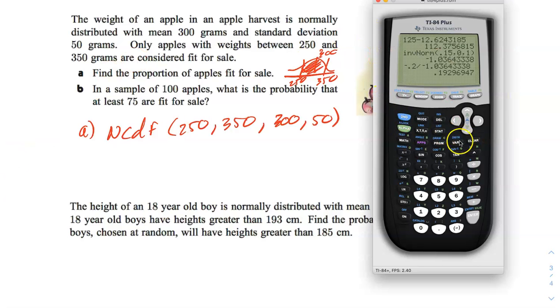So second distribution, normal CDF, between 250 and 350, standard deviation 50. It's probably going to be like 68%, something like that. 0.682689. With 3 sig figs, so 0.683.